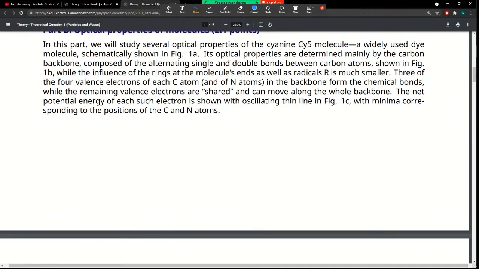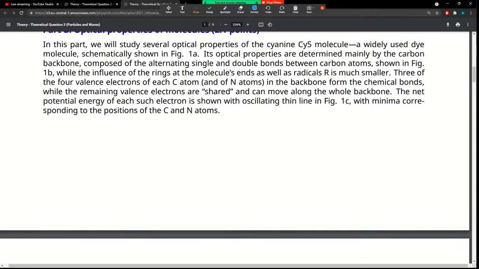Okay. Figure: chemical structure of cyanine molecule, the backbone of CY5 molecule and the interatomic distance l, potential energy of electrons along the backbone thin line, and its approximation step function given in equation 1.